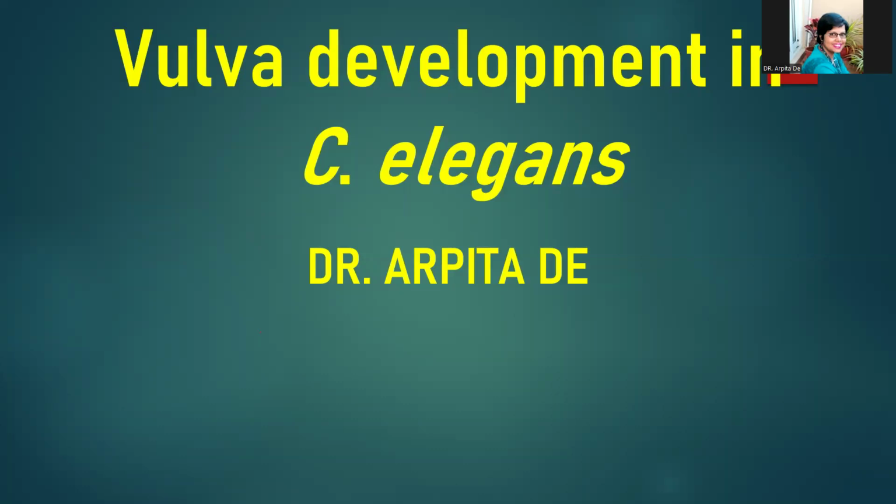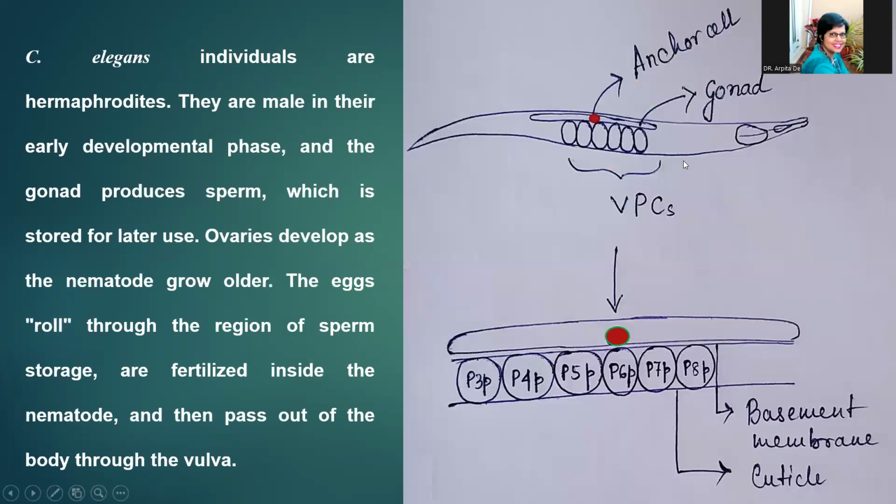The topic for today's discussion is vulva development in C. elegans. This is a very important topic from the developmental biology syllabus. So today we'll learn how the vulva develops in C. elegans. As we all know, C. elegans are hermaphrodites.